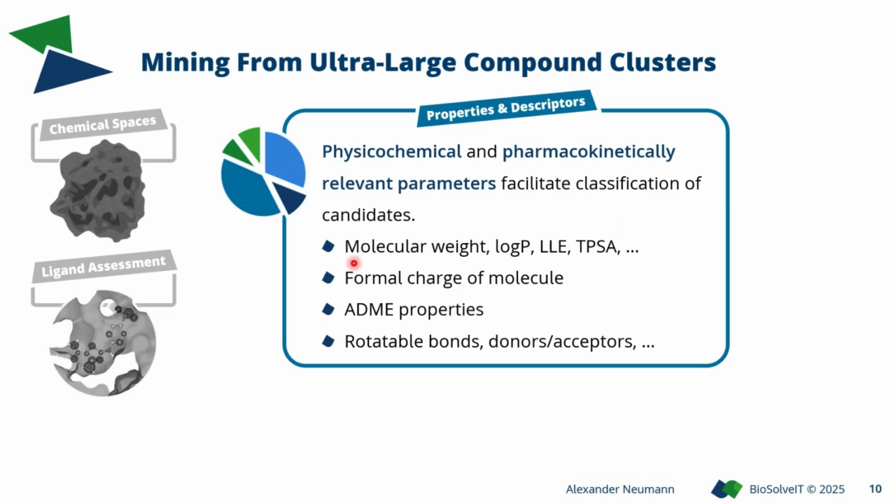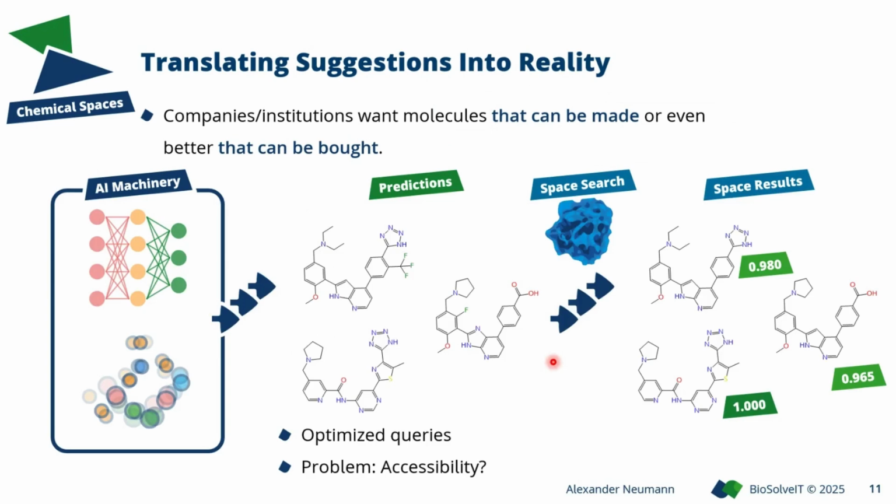Those parameters can include quite a lot of things, molecular weight, log P, but also the ligand efficacy, the surface area, also very fundamental things like the formal charge of the molecule, the atomic properties in itself, and also very descriptive ones like rotatable bonds and the number of hydrogen donors and acceptors.